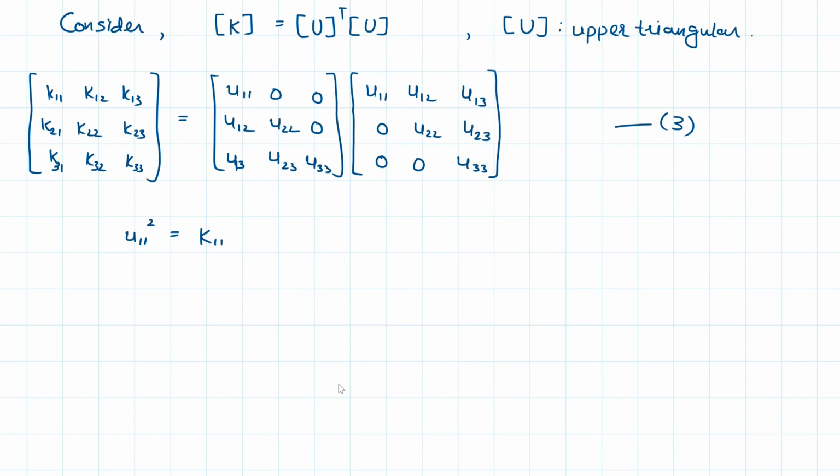So if you know your matrix K, which you will, you can then find out each and every element of the matrix U. Okay, so then my U11 is equal to the square root of K11.